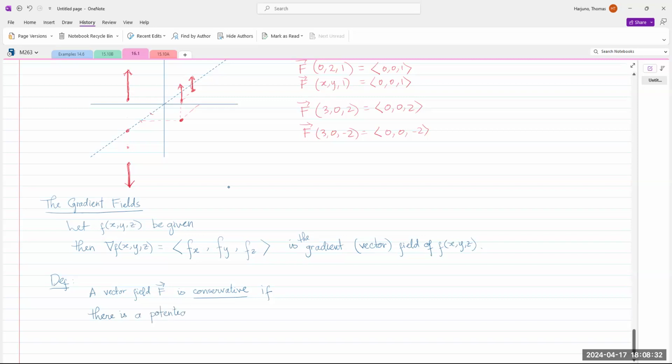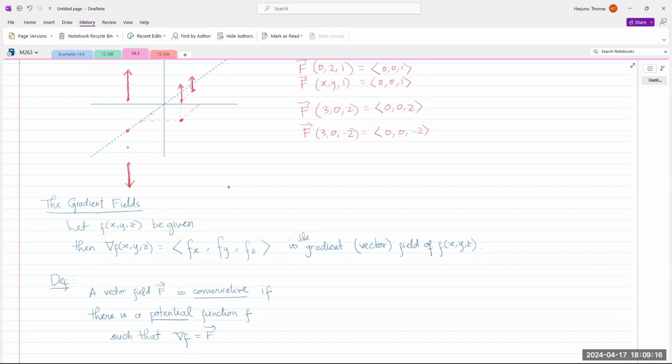There's a potential function f such that the gradient of that potential function f is the vector field that we have. In the next section, I think 16.3 or 16.4, we will learn to find the potential functions. If we have a conservative vector field, then how do we find the potential functions?